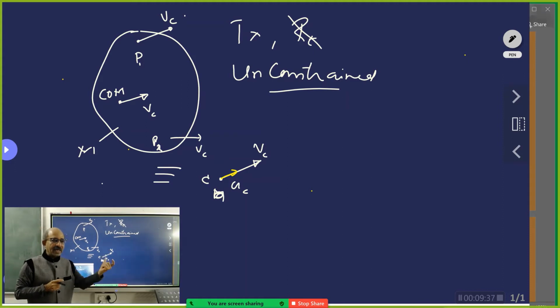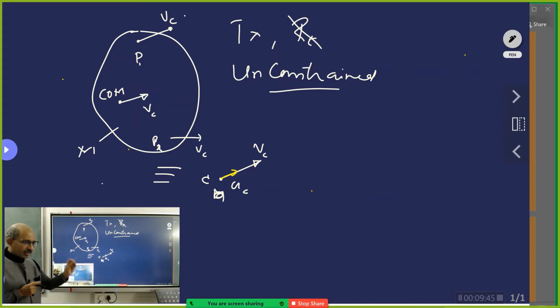Or during an interval of time, if all the velocity vectors are equal, during that interval the body is translating. For the purpose of analysis, you can represent the entire body as a point mass, but frankly speaking, all these points will be having this. This is one aspect.